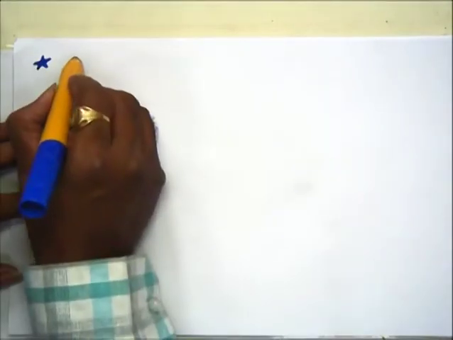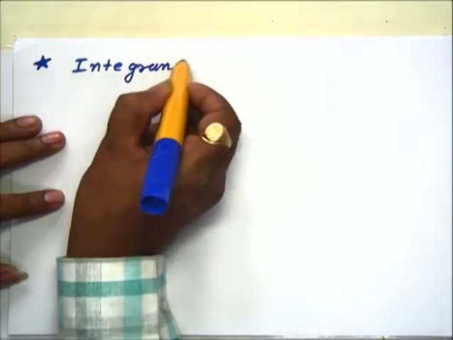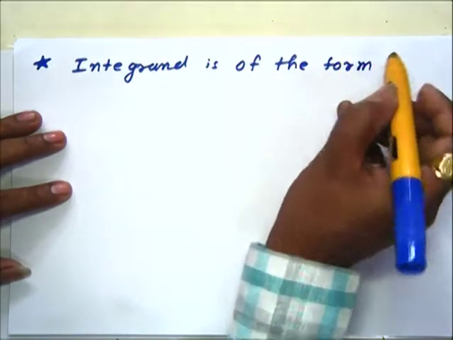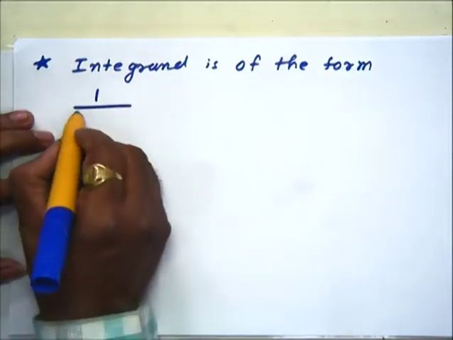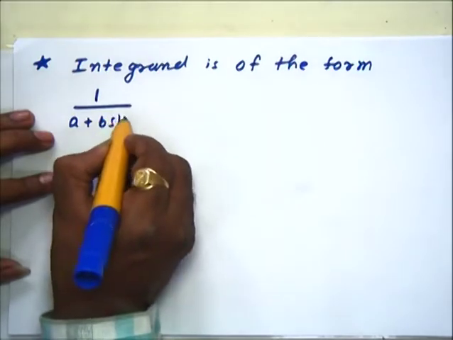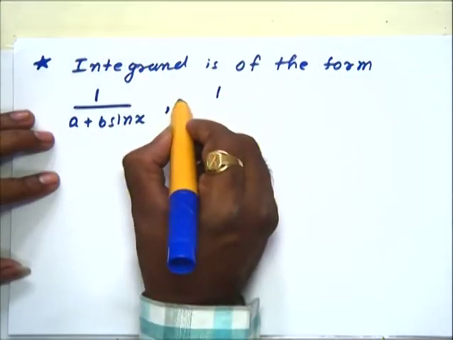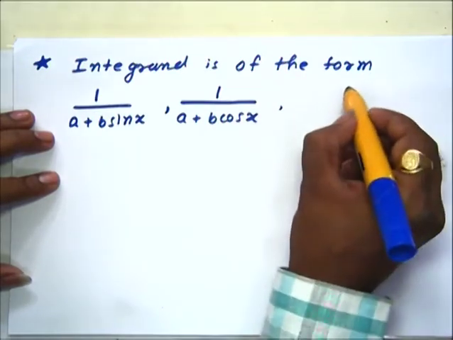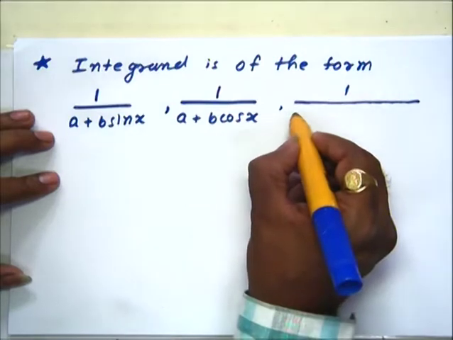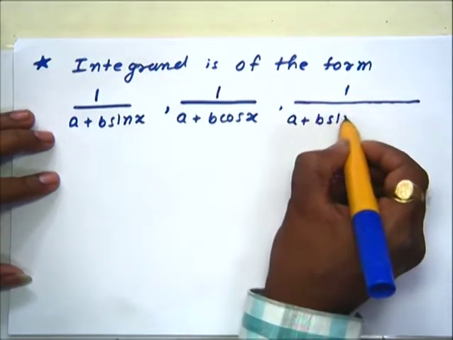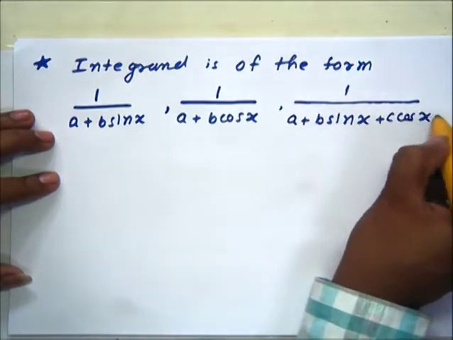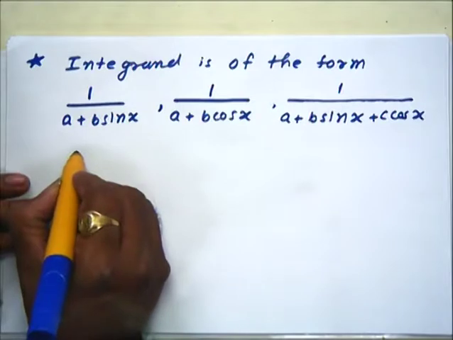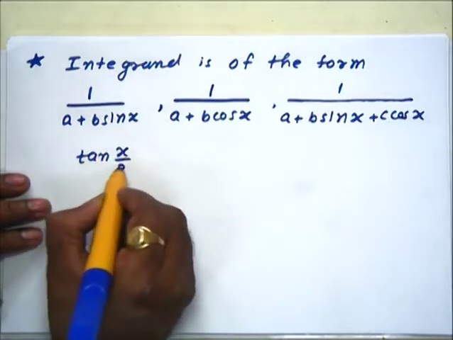If the integrand is of the form 1 upon a plus b sin x, or 1 upon a plus b cos x, or 1 upon a plus b sin x plus c cos x, if the integrand is one of these forms, then take the substitution tan x by 2 equal to t.